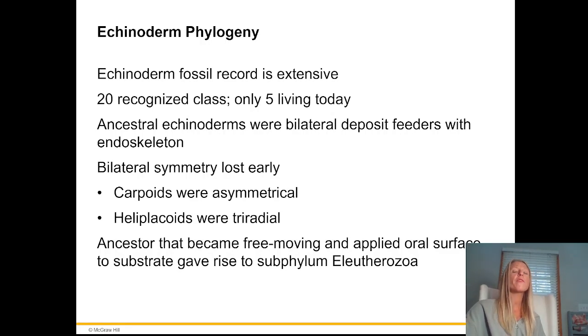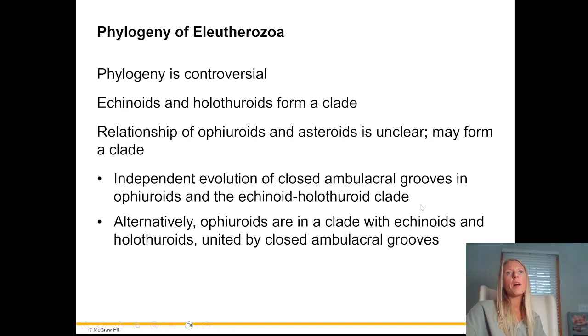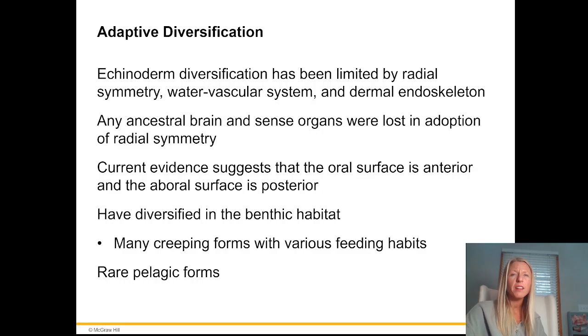The echinoderm fossil record is pretty extensive, even though we have 20 recognized classes, but only 5 living today. And so they were pretty numerous in the past. Bilateral symmetry was lost early. So there were some interesting groups early on. There are some interesting evolutionary relationships that we're not going to go into detail about.